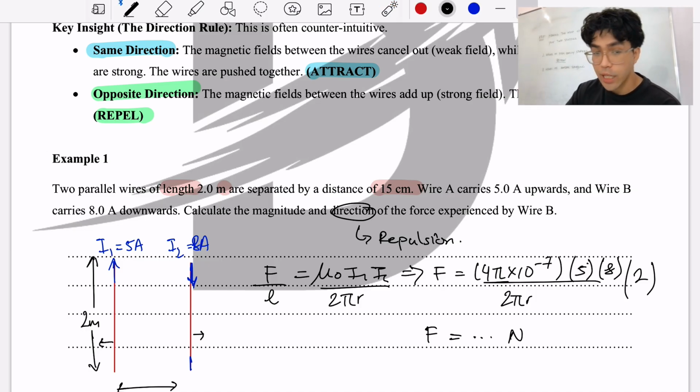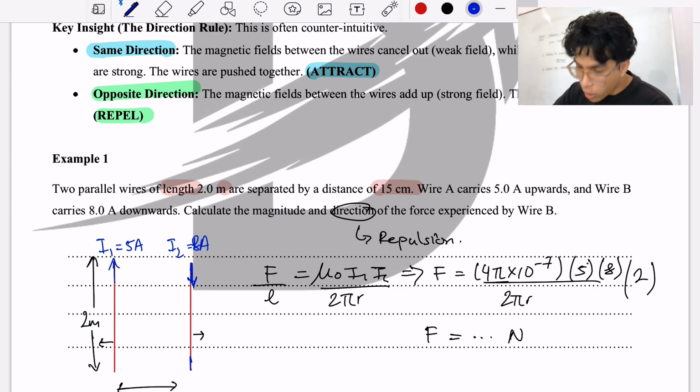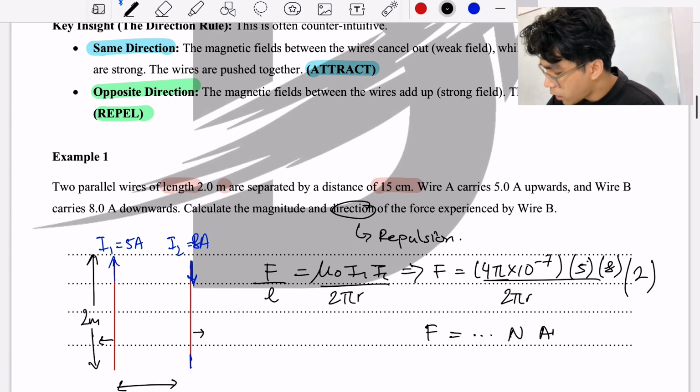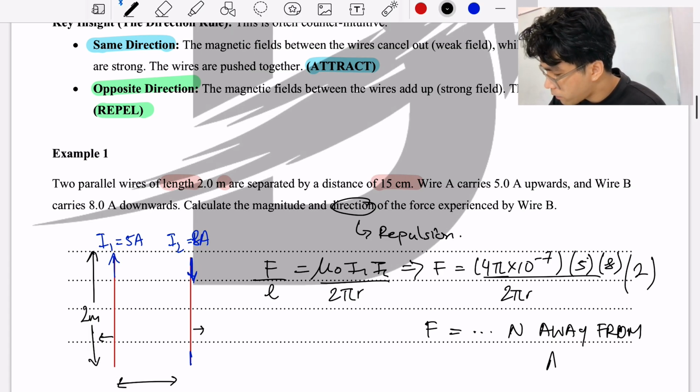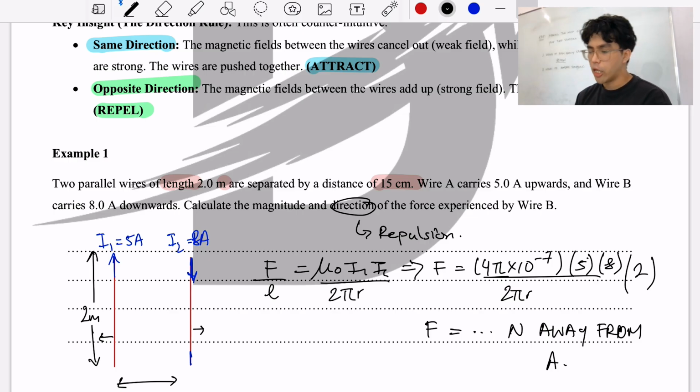You have to say either to the right in this case, because we drew it out like that, or a better way is away from A. You have to make sure to include the direction. Yes, it's a repulsive force, but more specifically, B simply moves away from A.